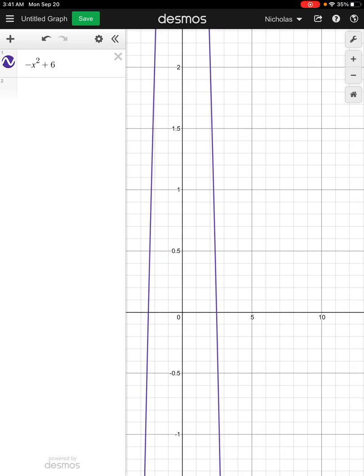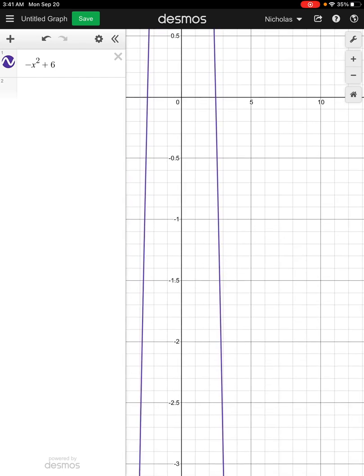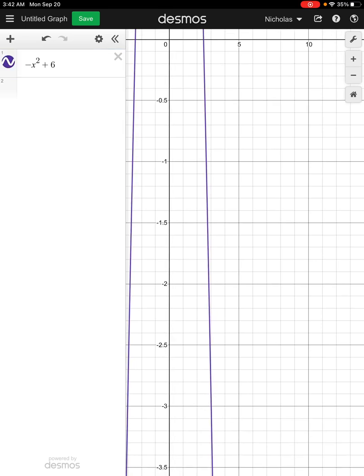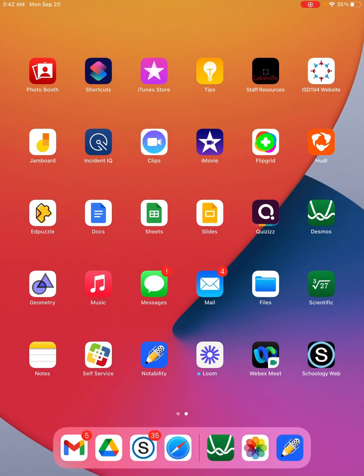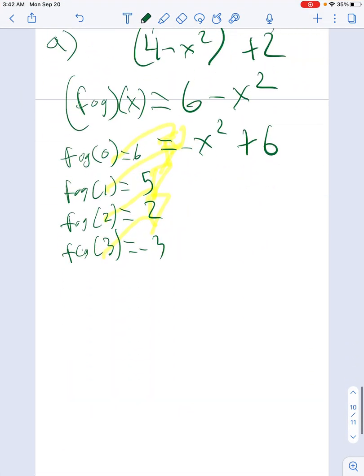When x is 3, y is -3. And that's exactly what we got. So you absolutely can use your calculator to help you speed up. I would strongly recommend doing that.